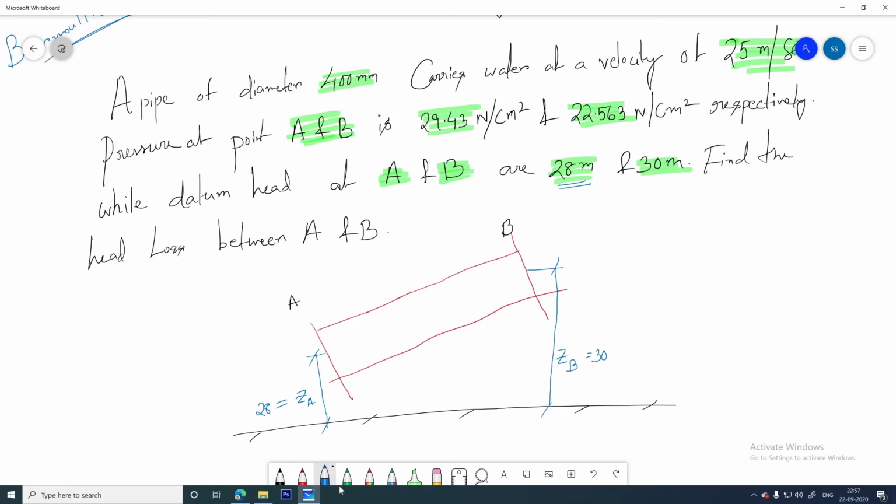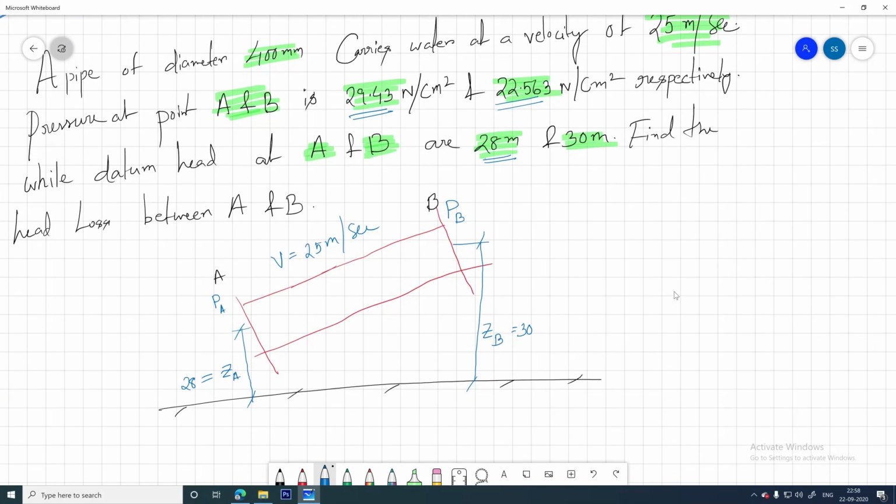The pressure PA is given at section A, and PB is also given: 29.43 and 22.563. The main thing here is that only one velocity is given, that is 25 meter per second.